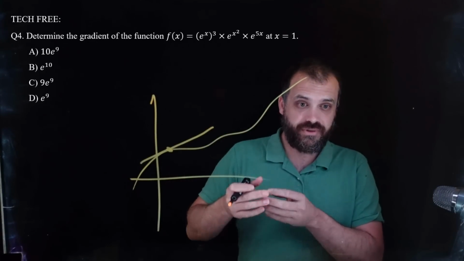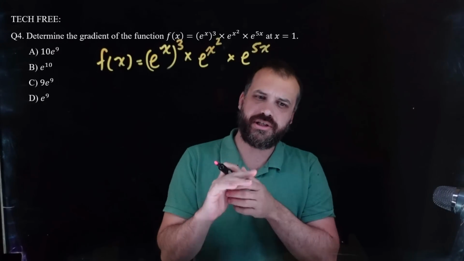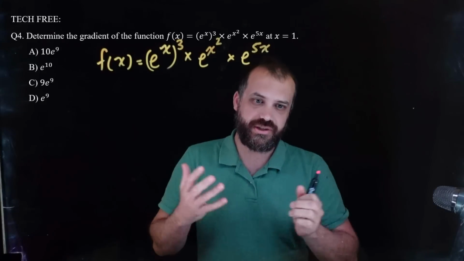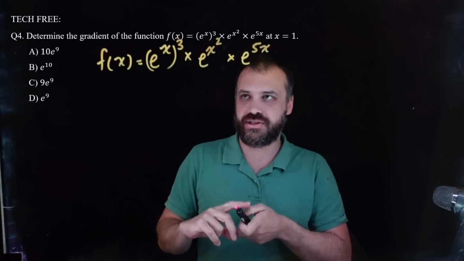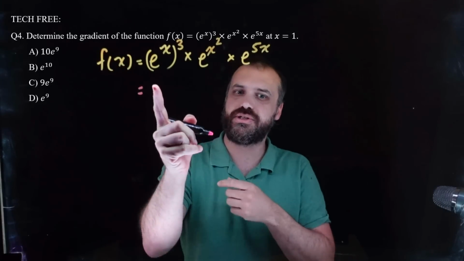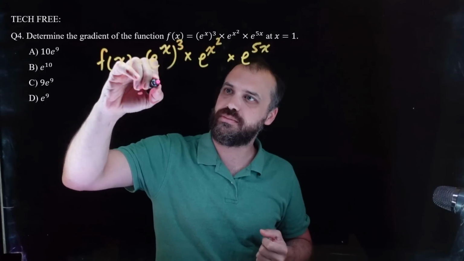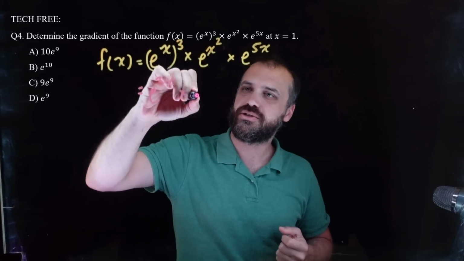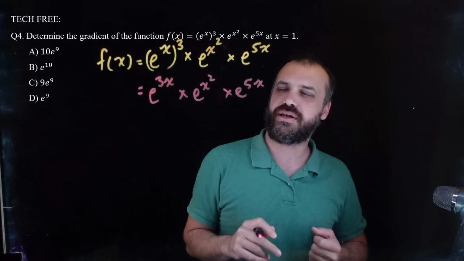Find the derivative, let the derivative equal 1. So that's the function. It's very oddly written because it hasn't been simplified, so that's probably a good first job before we start deriving it. Using our index laws, this is e to the 3x times e to the x squared times e to the 5x.